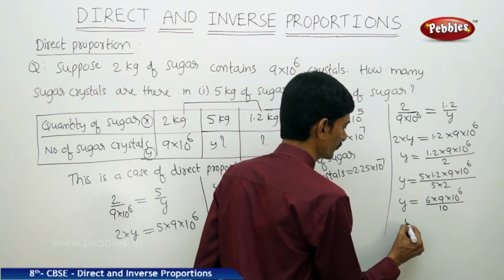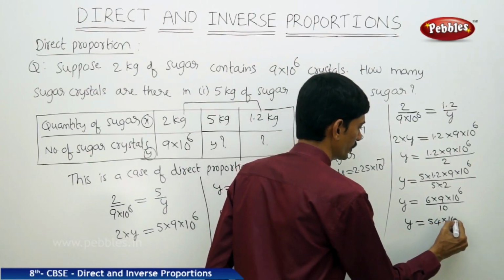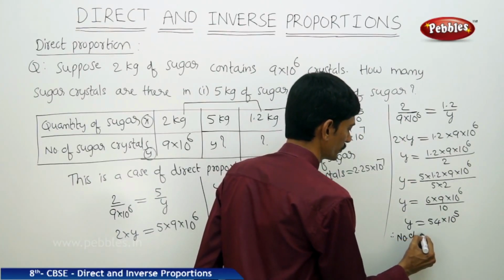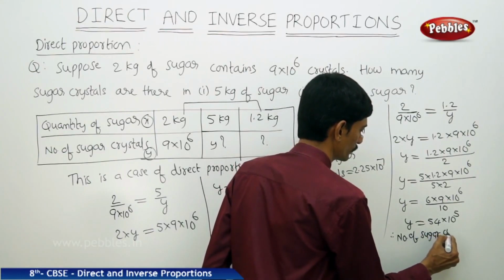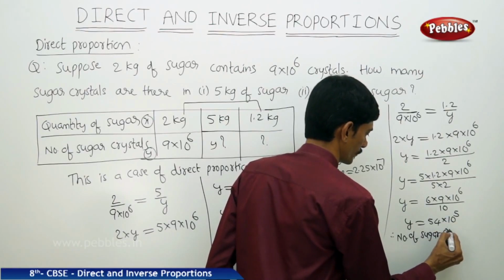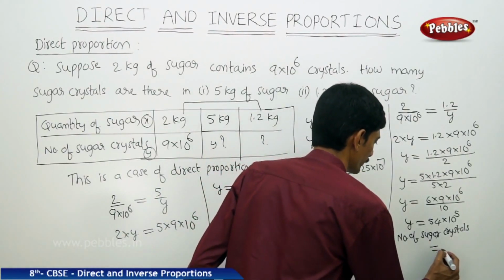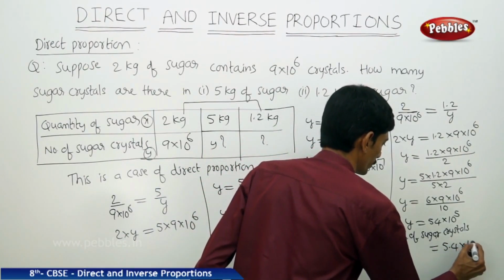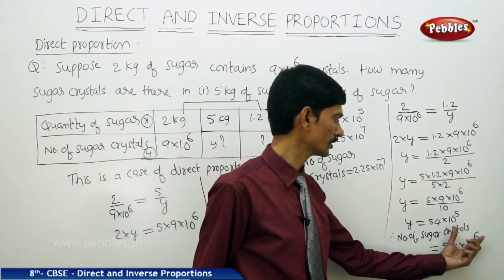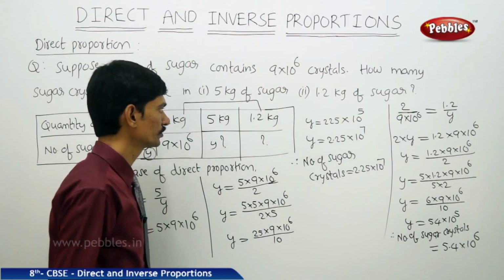Now y equals 9 sixes are 54 into 10 to the power of 5. So therefore number of sugar crystals equals 5.4 into 10 to the power of 6. So there are 5.4 into 10 to the power of 6 sugar crystals in 1.2 kilograms of sugar.